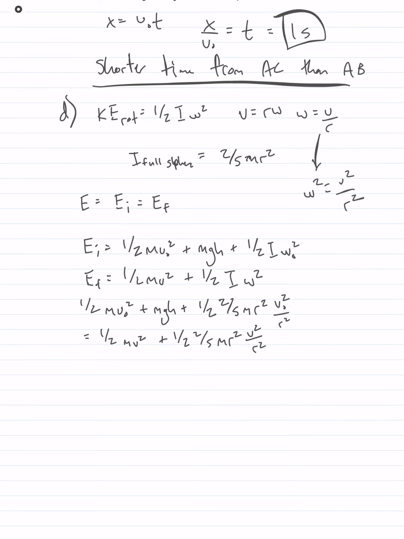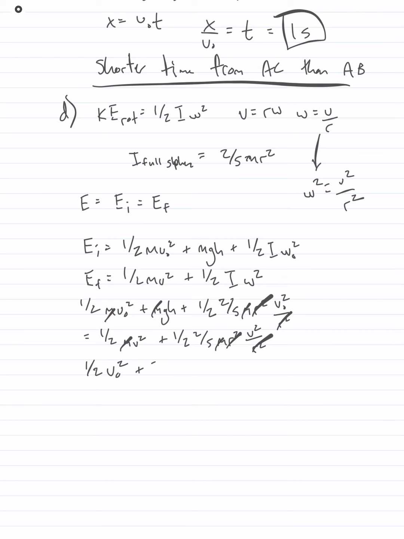Now, you notice that m is everywhere. Just get rid of all the m's. You can also notice that there are squares that can be cancelled out. So if we rewrite it, we have 1/2 v0 squared plus 1/2 times 2/5.